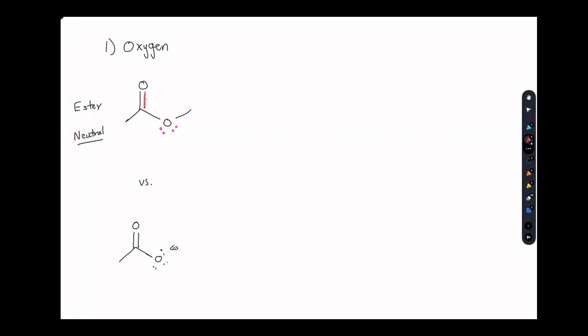We might say, well, let's move those electrons to the oxygen. Well, we can give that a try. This resonance form is going to look something like this. So the two electrons of the pi bond have now moved to make this oxygen negative and sp3 hybridized. And that's also going to leave a positive charge on this carbon down here. Now, comparing these two resonance forms, it's clear that the form on the left is much more stable.